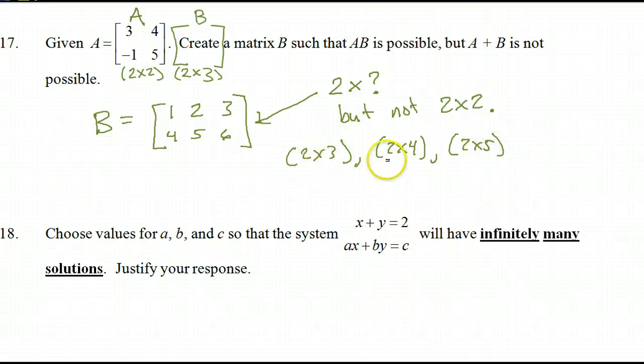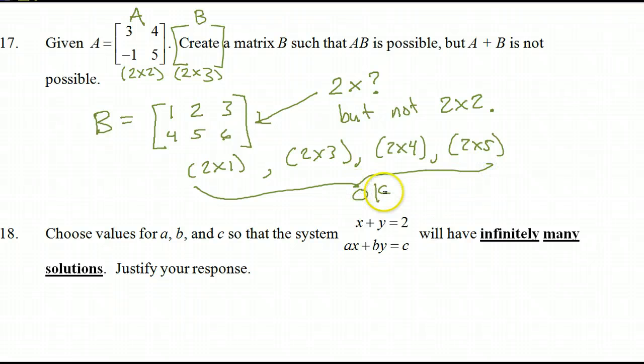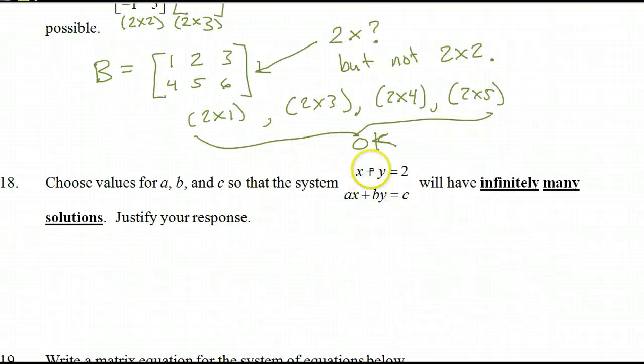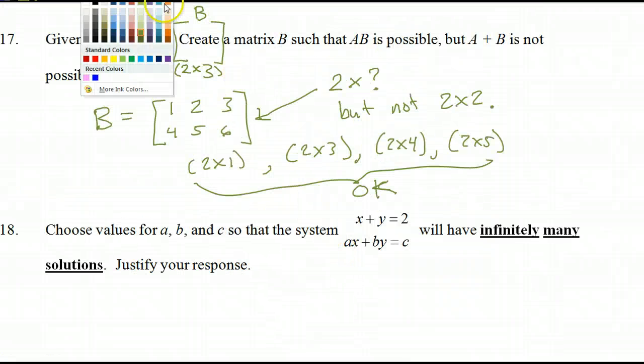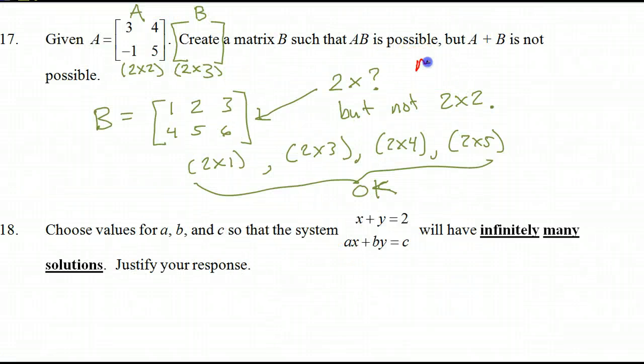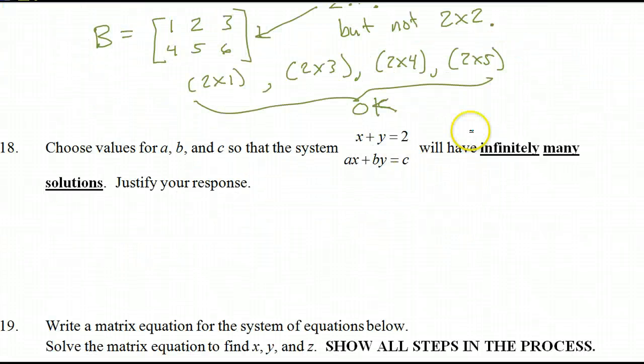Oh, you know, it could even be 2 by 1. Okay, all of these would be okay. I doubt I'm going to look at somebody's paper and see a 2 by 6 or higher. So I'll be looking for these when I grade your papers. Okay. Just a note to myself. Let me write many answers. There are many answers possible.